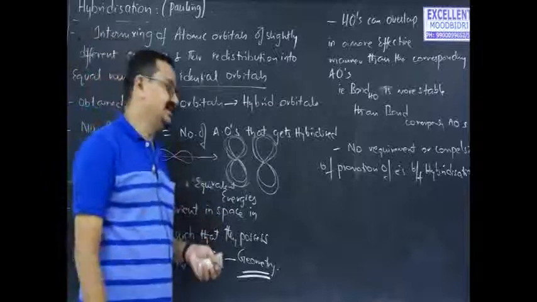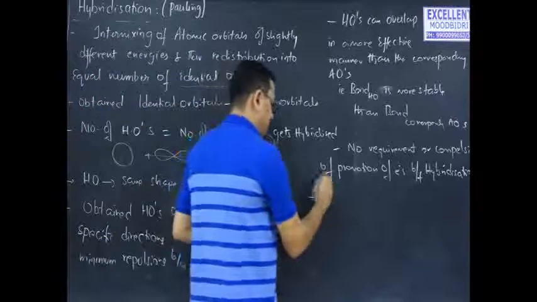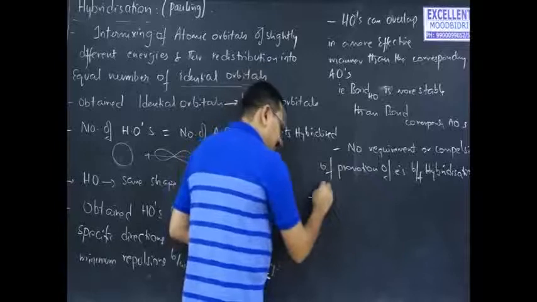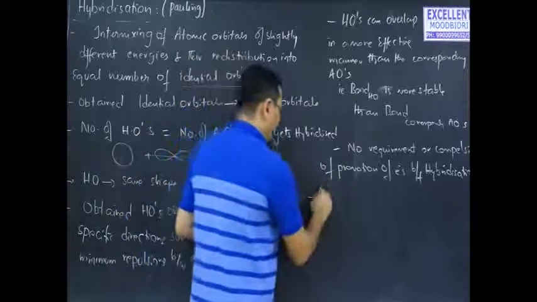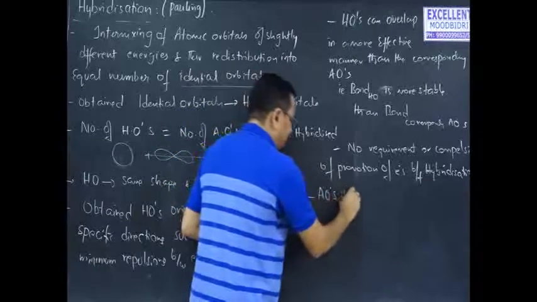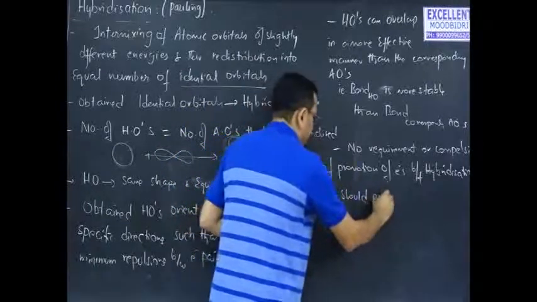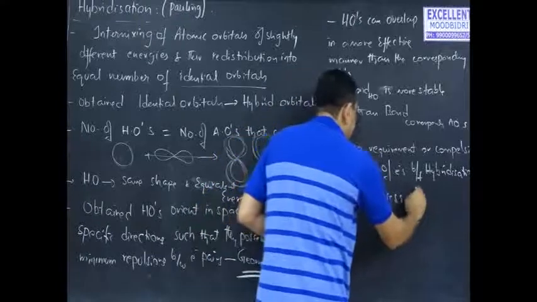No need to show excitation before hybridization, etc. And to get hybridized in this way, the atomic orbitals should possess at least one electron.